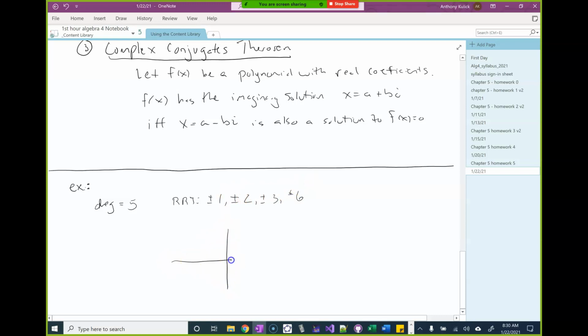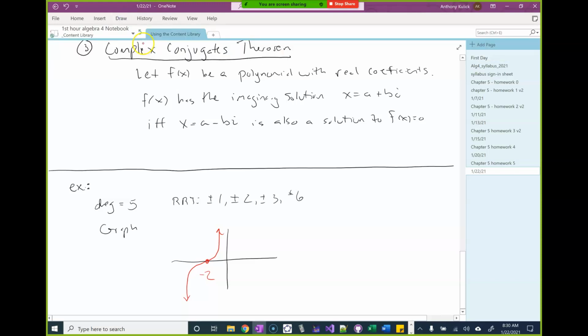So let's think about what could be going on here. The degree of 5 means that I should be able to see 5 x-intercepts. How many x-intercepts can I see? Just 1, right? Everybody agree with that? According to the degree, I could see up to 5 of them. So what's going on here?